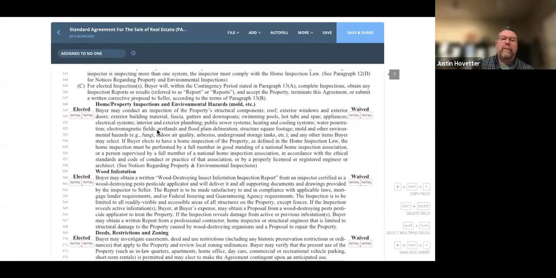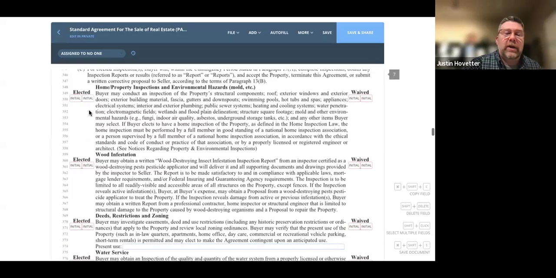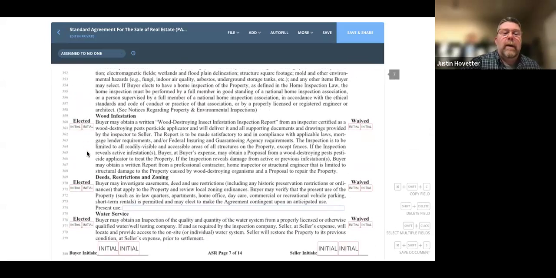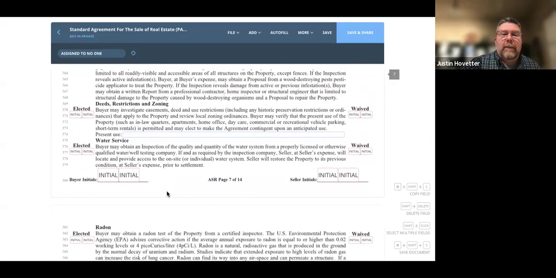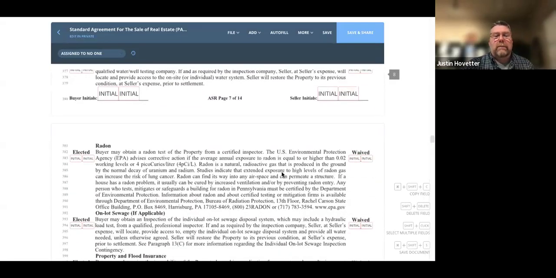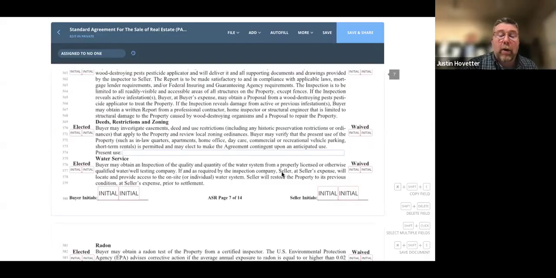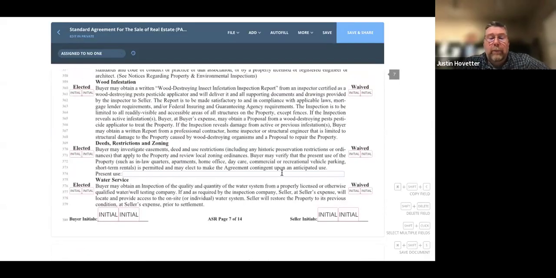Something that used to pop up occasionally that would just drive me crazy was that they would elect a home inspection, maybe elect a wood infestation, and waive a radon. And then a home inspector would plop a reading device in the basement, even though it had been waived.